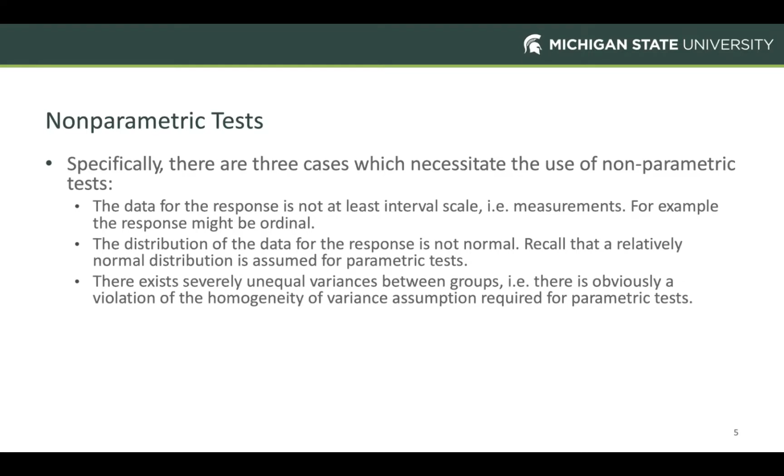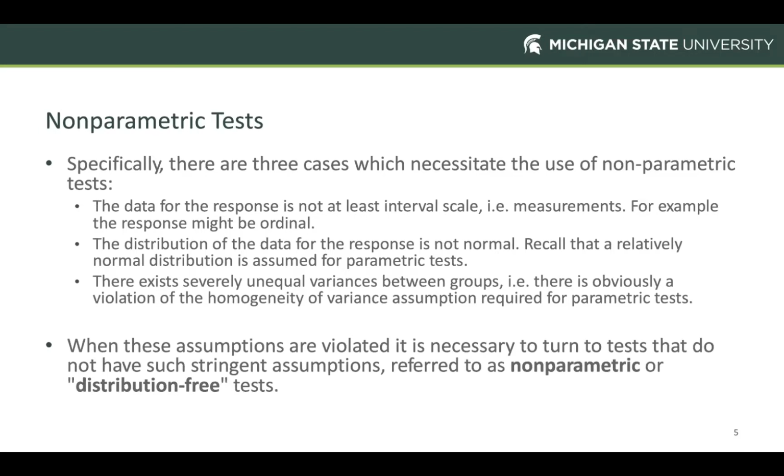And then thirdly, if the variance is severely unequal between groups, so if you have one group that has a variance that's just much, much larger, and in cases where there's a difference that's significant, Welch's will address that concern to a degree, but as we get further into the course, we'll get into a few examples where there are other issues that arise when we have unequal variances. And so we'll talk a little bit more about that, but those are basically 3 cases.